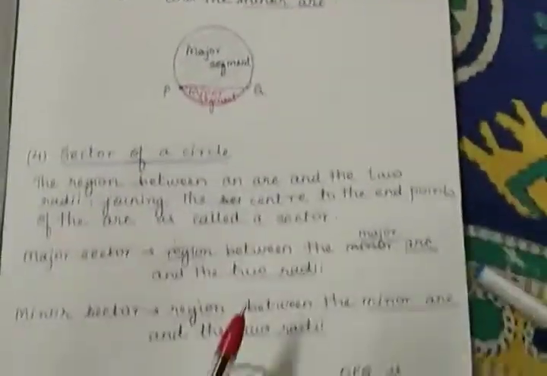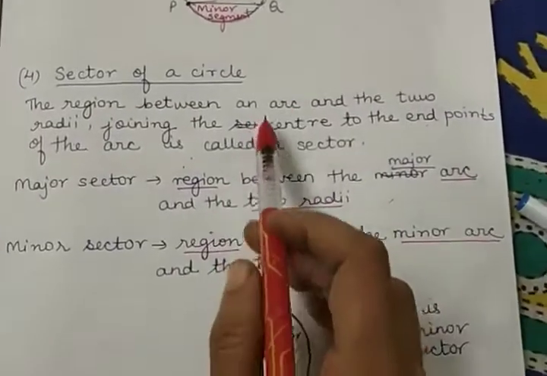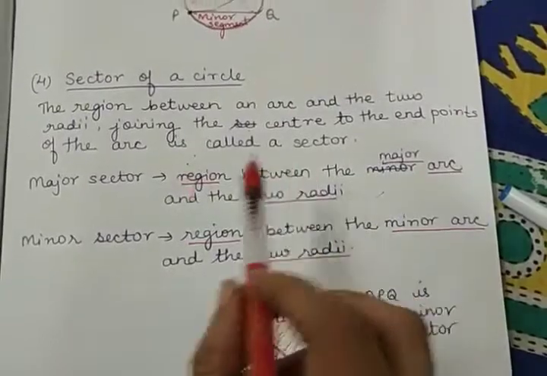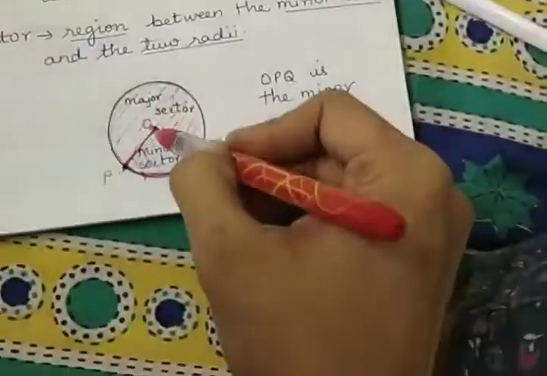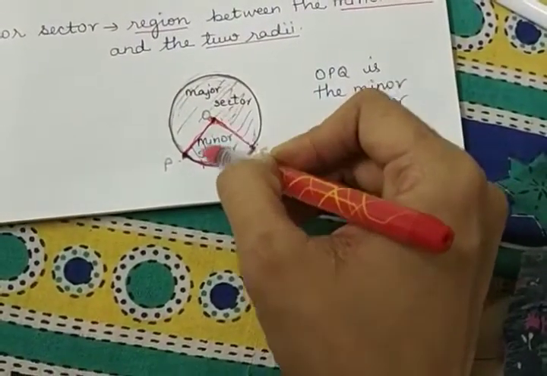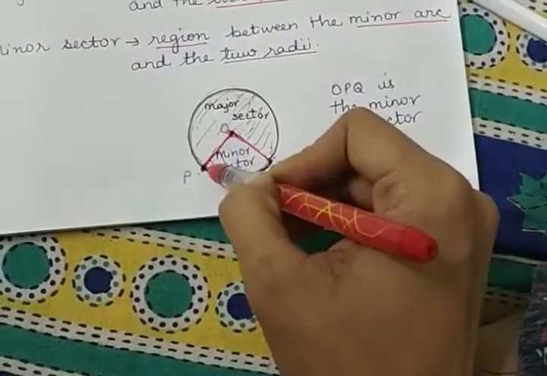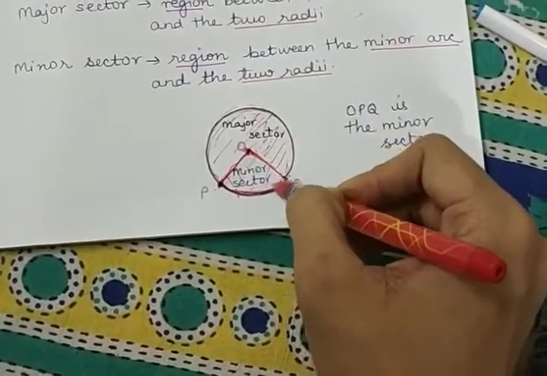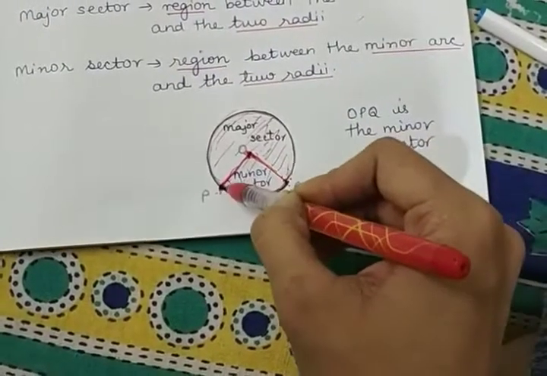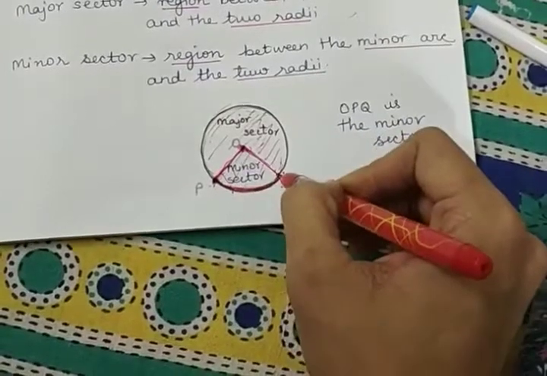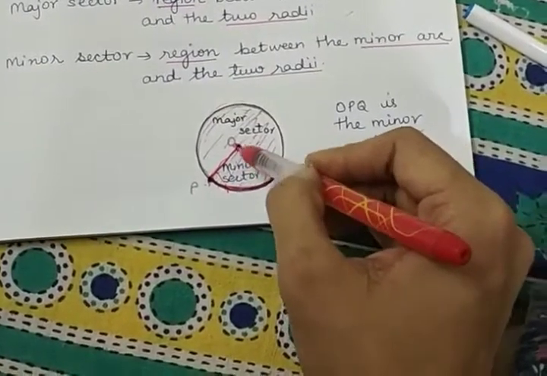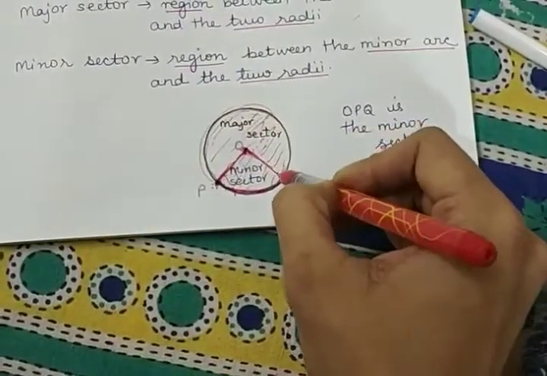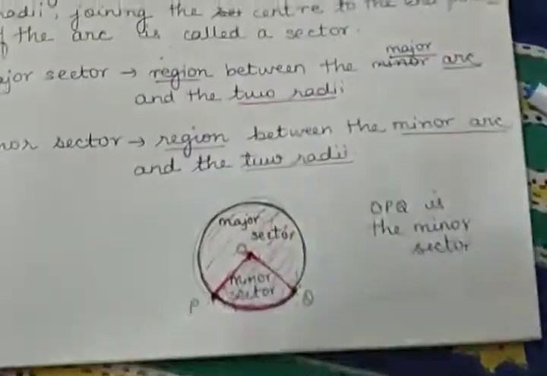Next we saw what is a sector of a circle. The region between an arc and the two radii joining the center to the endpoints is called the sector. So you have the center here, and these are the two endpoints of an arc. The region between the two radii and the minor arc will give you the minor sector, and the region between the radii and the major arc will give you the major sector.